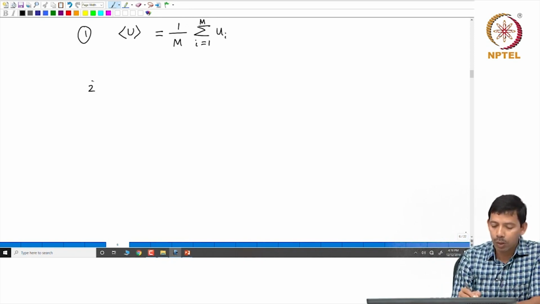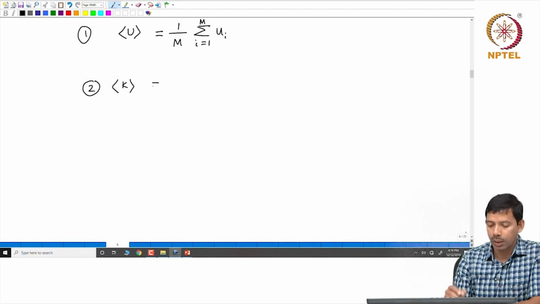If I have to calculate the ensemble average of the kinetic energy, let us say K is my kinetic energy, how am I going to get that? Again I will take the time average.